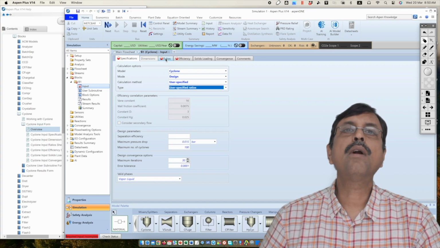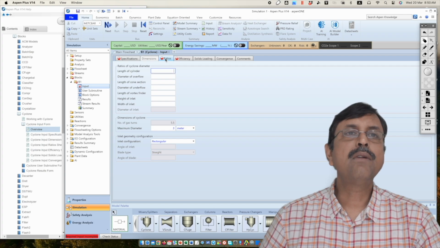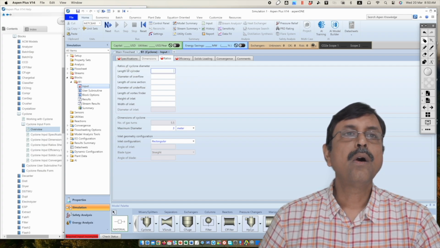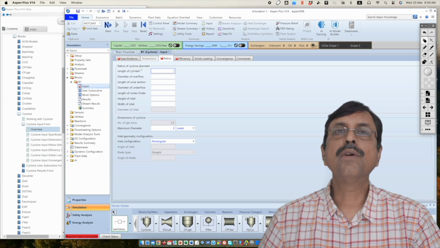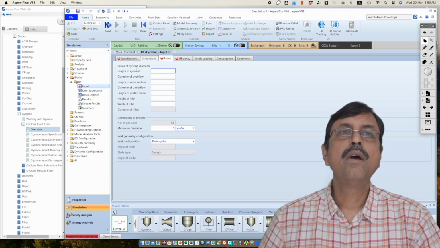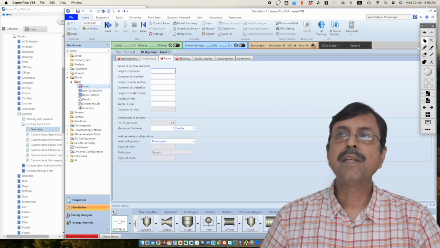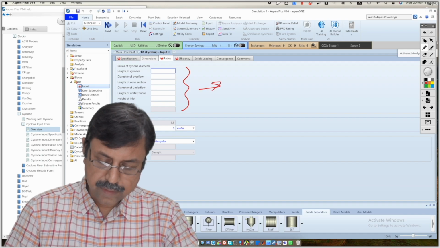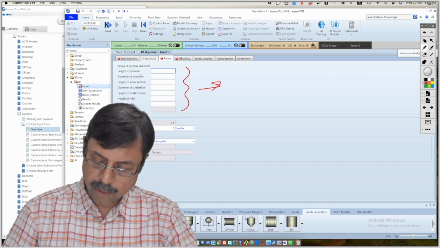Then the ratio block will be open. And you will find over here length of cylinder on the basis of ratio of cyclone diameter. So this information, whatever has been asked over here, you have to give as the ratio of this by cyclone diameter.